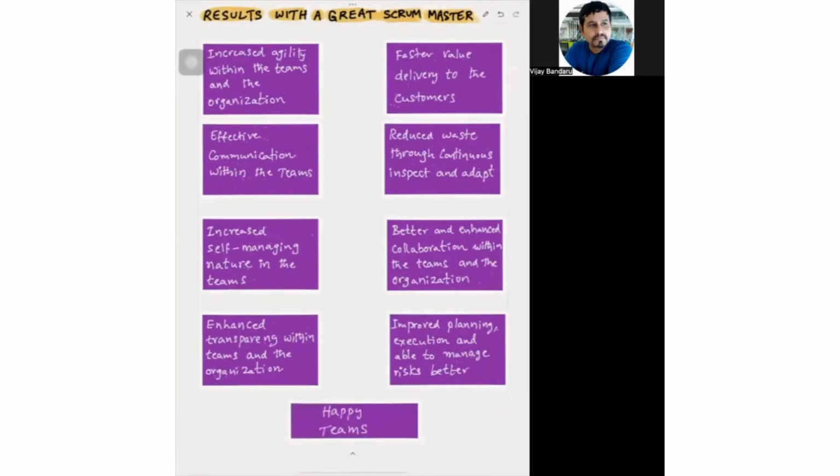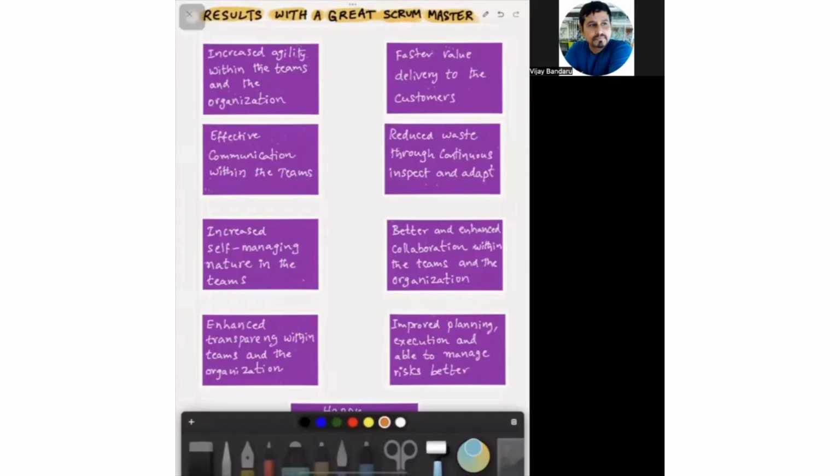Finally, happy teams, because when the teams have been given a chance to be autonomous or self-managing, and helped to be more cross-functional, and when you create a psychological safety for them to be openly able to address the issues and openly able to express their views and opinions, they'll become more happy.